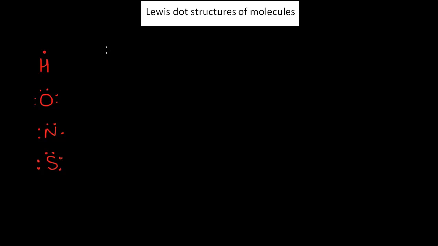Okay, so I've just put this on a new slide. I want to now look at Lewis dot structures of molecules. So suppose I have a molecule of water, which, as you all know, is H2O. How would I represent this in a Lewis dot structure? I would have to write each of the atoms.